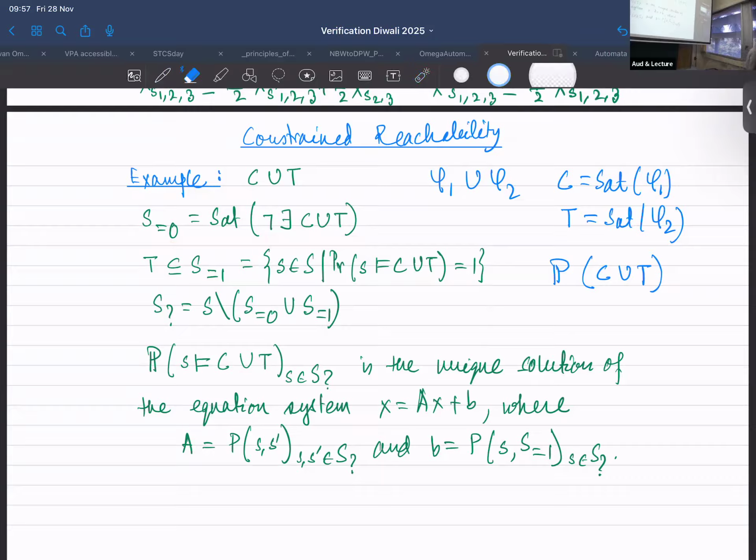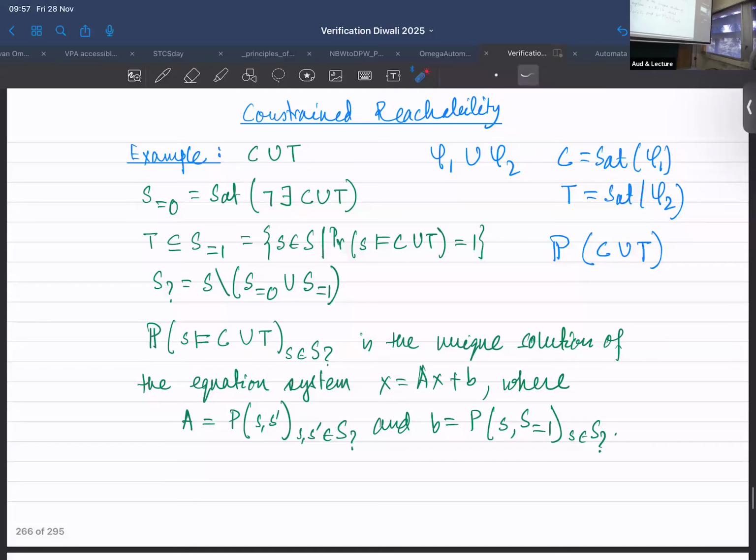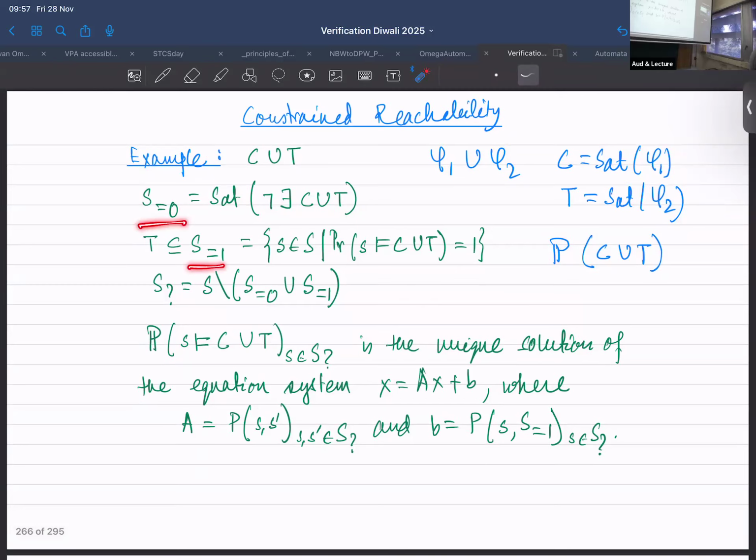For example, I'm defining the S equal to 0 and the S equal to 1 here. So S equal to 1 is the set of states which satisfy C until T with probability 1, just by definition, right? As I was saying, my T doesn't have to be unique. T is a subset of this S equal to 1, I can start with.